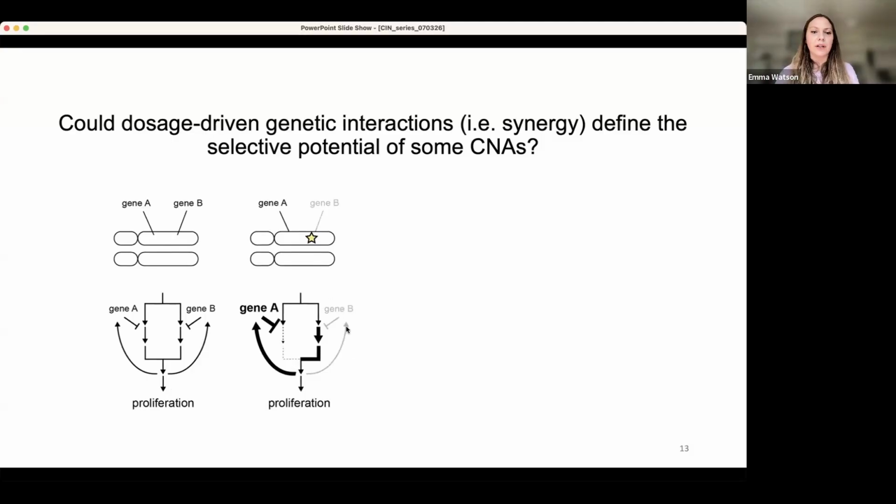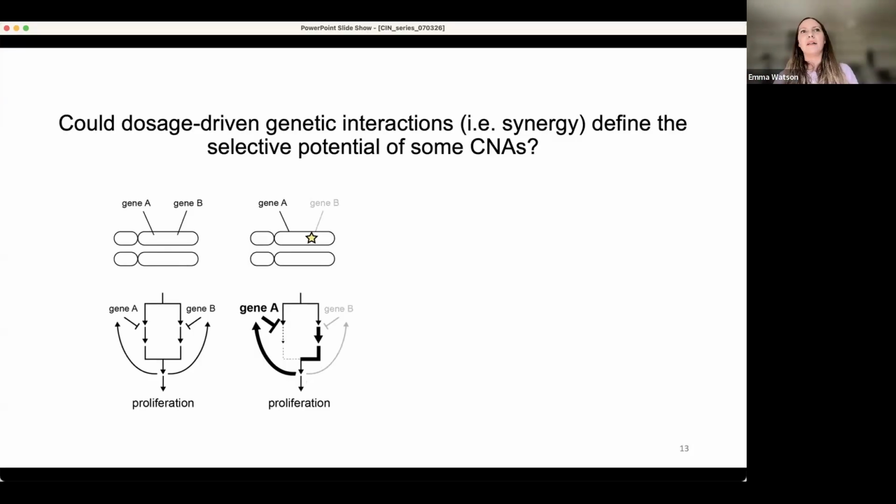Well, you lose one of the negative feedback loops, which increases flux through the pathway in the gene B side. But because you've increased flux through the pathway, now you've sort of supercharged the negative feedback loop on the other side, the redundant one. So the end result is basically no change.